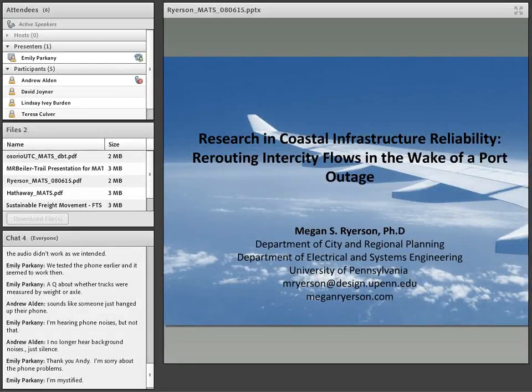Then I'm going to go into two specific projects that I've been doing while I've been at Bucknell that look deeper into the opportunity for mode shifting and using land use as a way to guide our transportation engineering decisions. And then at the end, I'm going to talk a little bit about future research opportunities.